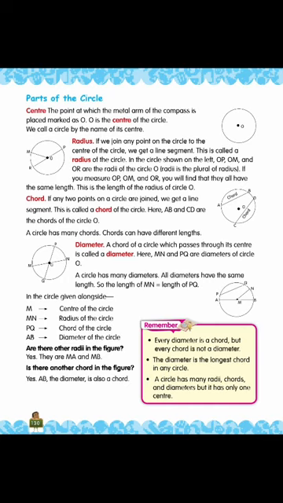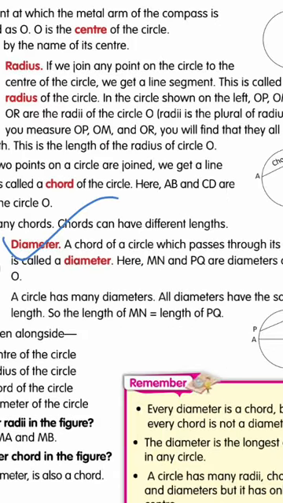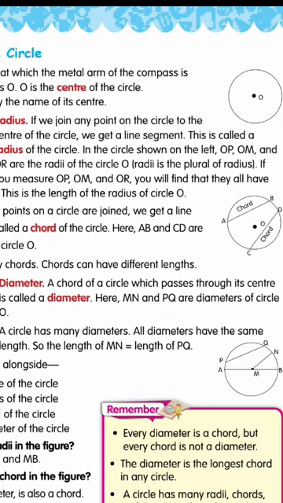Now, our next part is diameter. What is diameter? A chord of a circle which passes through its center is called a diameter.